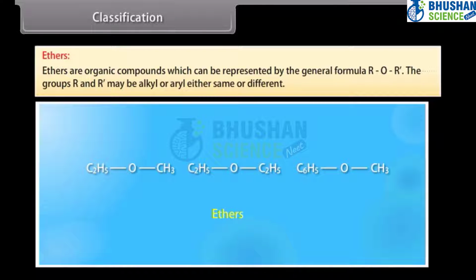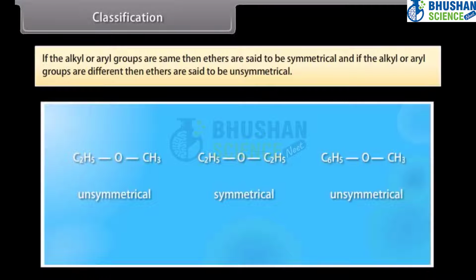The groups R and R' may be alkyl or aryl, either same or different. If the alkyl or aryl groups are same, then ethers are said to be symmetrical, and if alkyl or aryl groups are different, then ethers are said to be unsymmetrical.